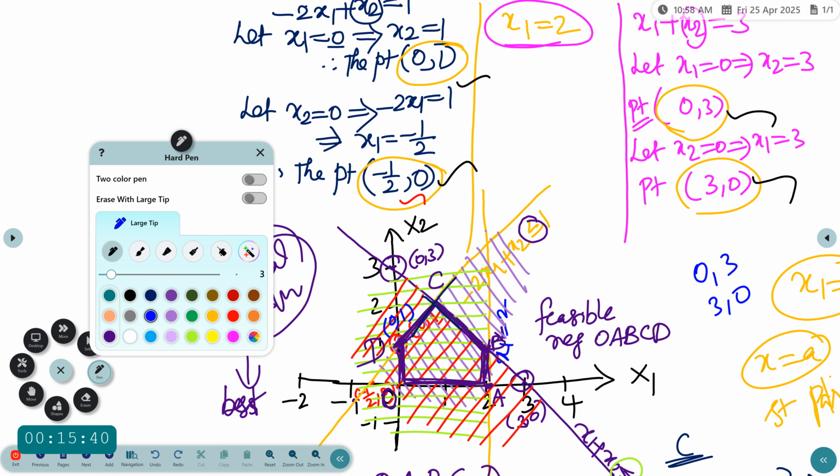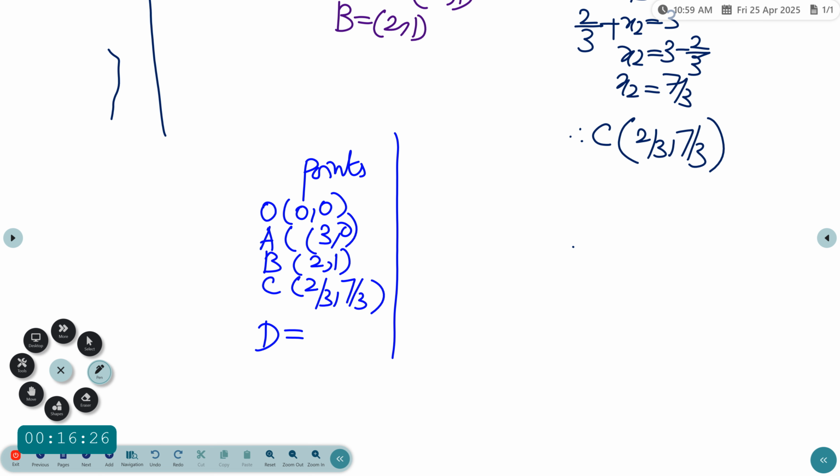A is 3 comma 0. Then B value 2 comma 1, and then C value 2 by 3 comma 7 by 3, and D is 0 comma 1. These are our feasible region points.